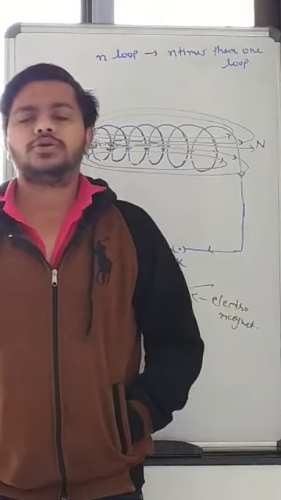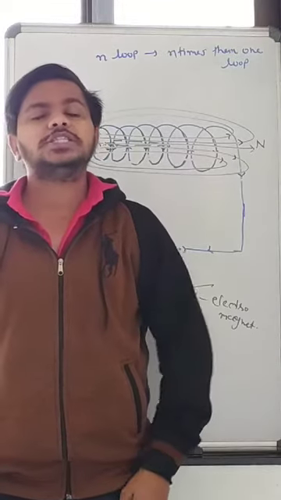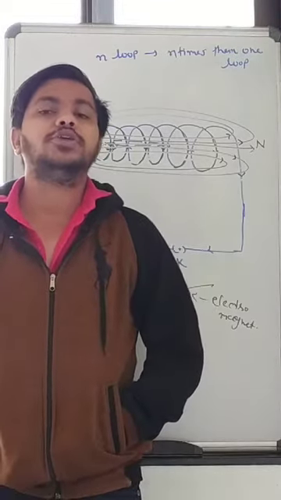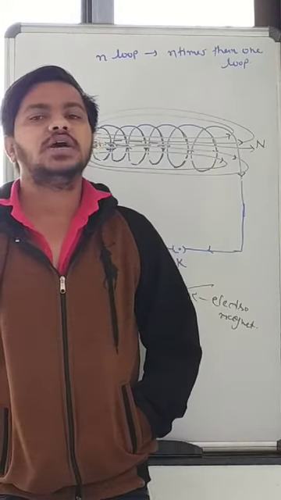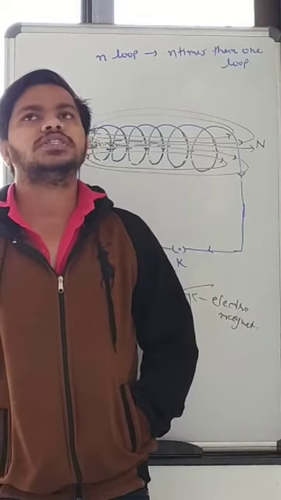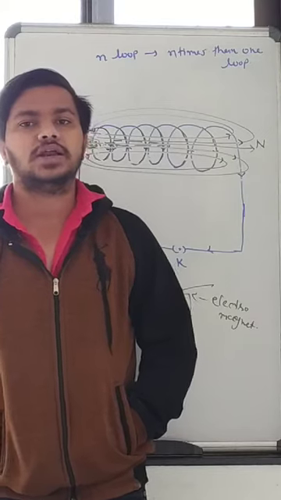So like that, it can be used in a crane. Not only that, in microphones and speakers, electromagnets are also used, in which sound is converted into an electric signal or something like that.